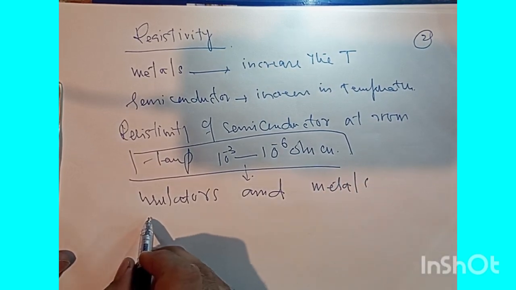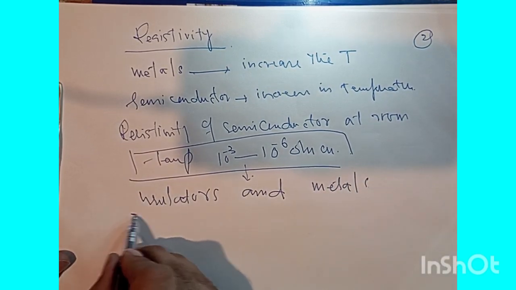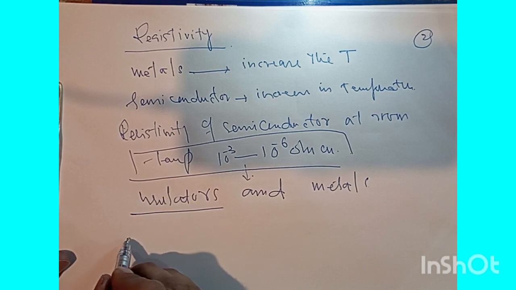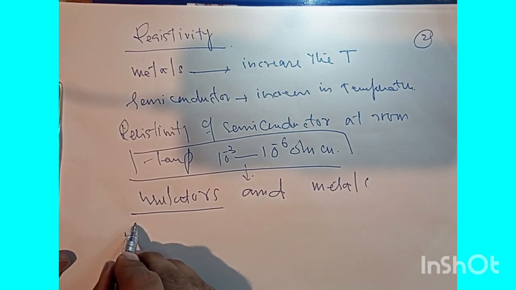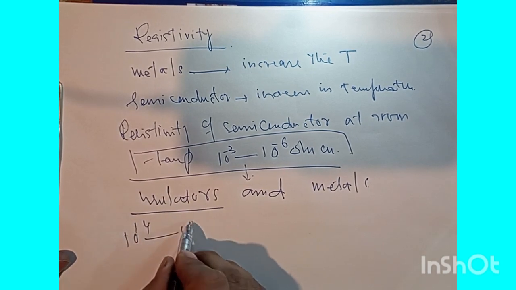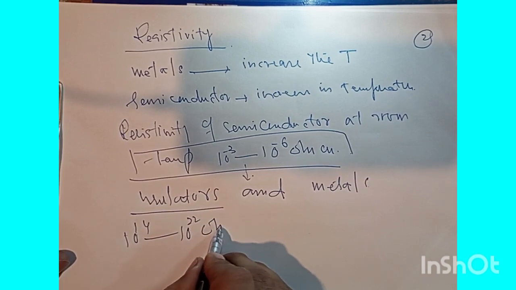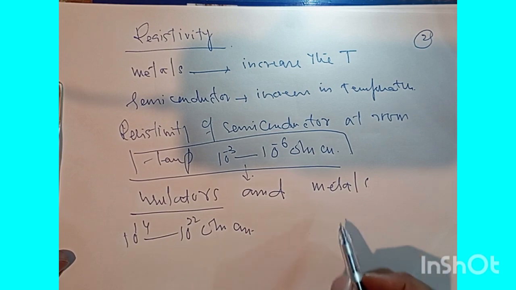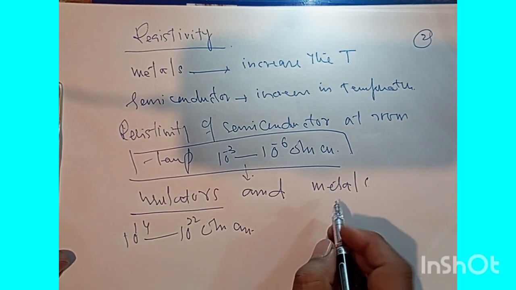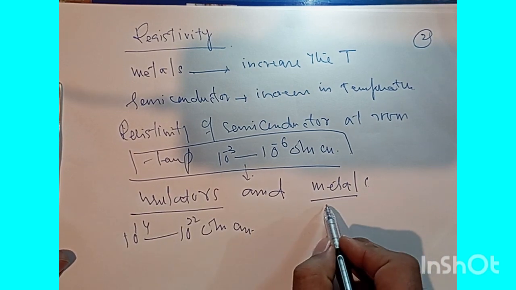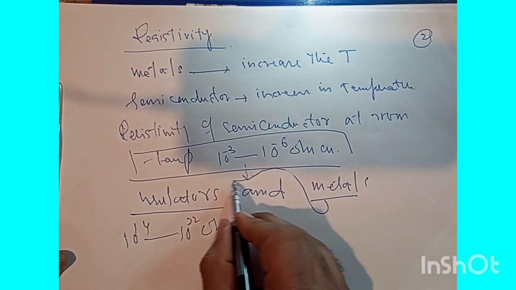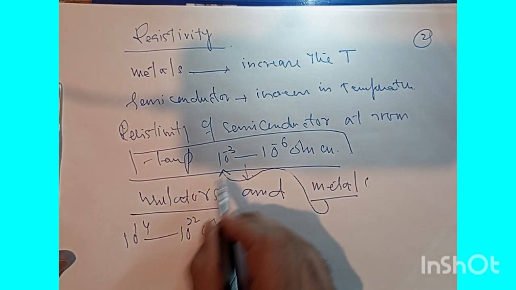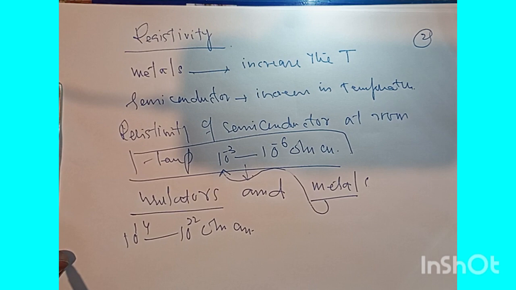In case of insulators, it's extremely large, ranging from 10 to the power of 14 to 10 to the power of 22 ohm centimeter. In case of metals, certainly its value is less than 10 to the power of minus 3 to 10 to the power of minus 6.